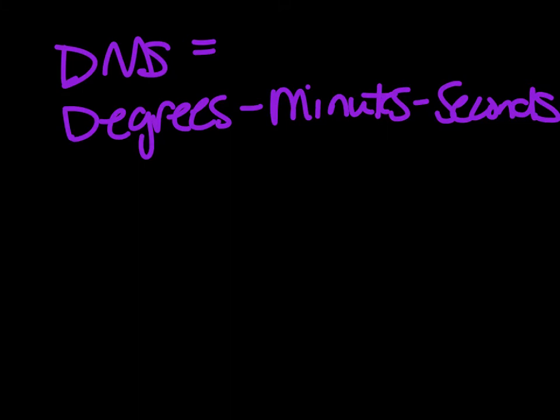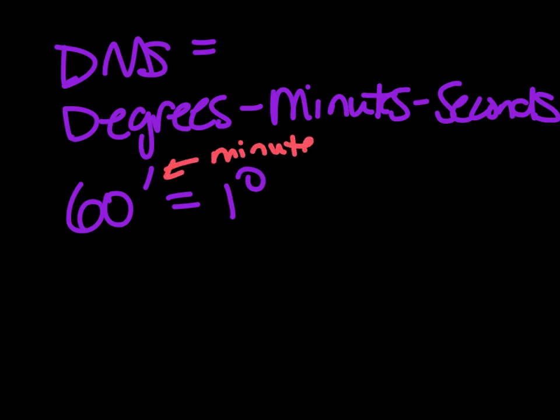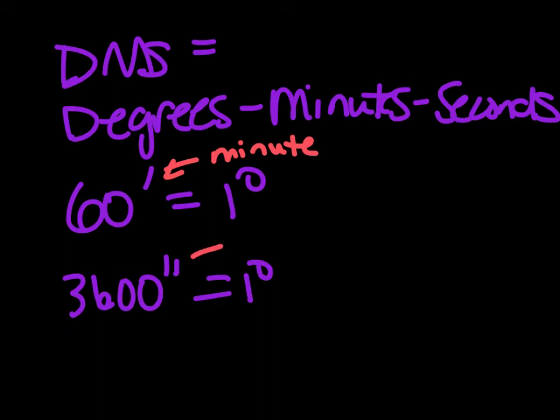Anytime that you see longitude and latitude, that is in degrees, minutes, and seconds. For example, there's 60 minutes in 1 degree. This symbol means minute. And then there's 3,600 seconds in 1 degree. And this is seconds.